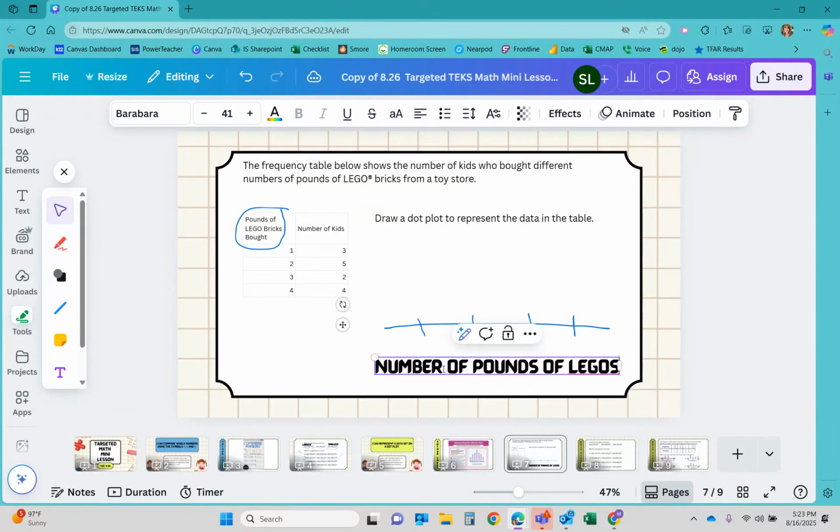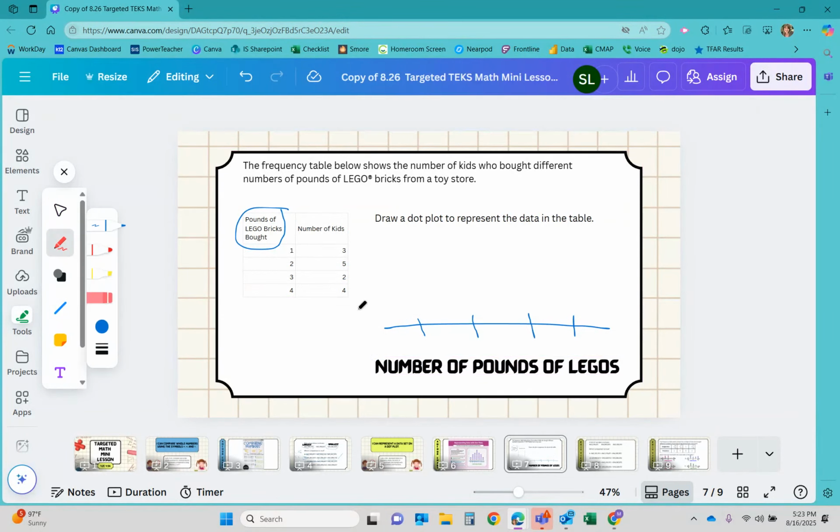All right, and then I'm going to label these 1, 2, 3, and 4 because that's the pounds I have listed here, and I want to put those in order. So now I'm going to go through and I'm going to put a dot for each data set.